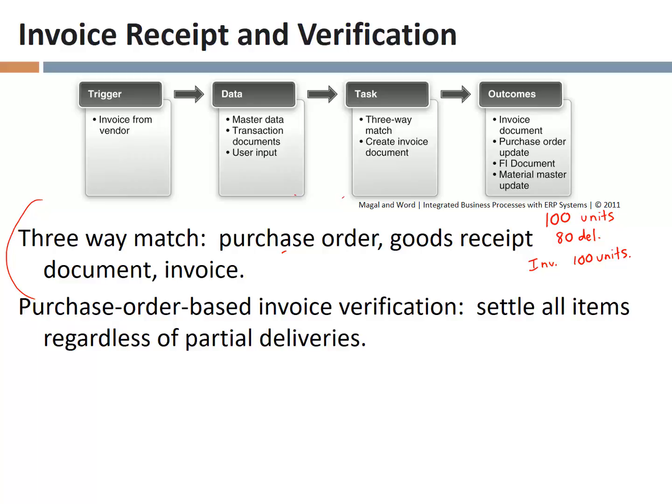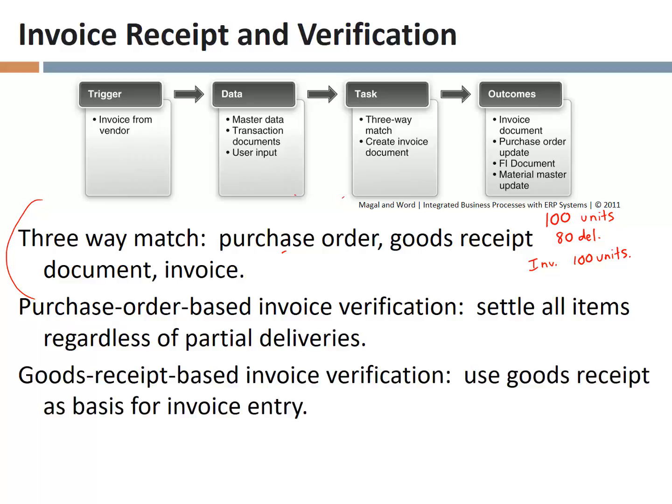So many organizations will engage in purchase order-based invoice verification, where they look at the purchase order and they look at the invoice, and as long as those things are consistent, they'll trigger payment. But then, of course, they are still going to check and make sure that the items were received and do a reconciliation behind the scenes.